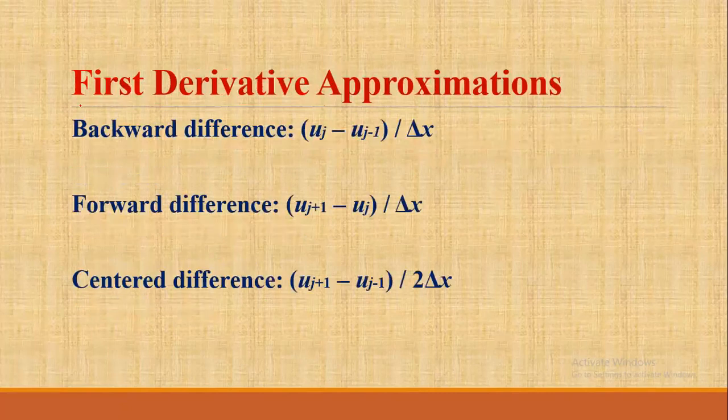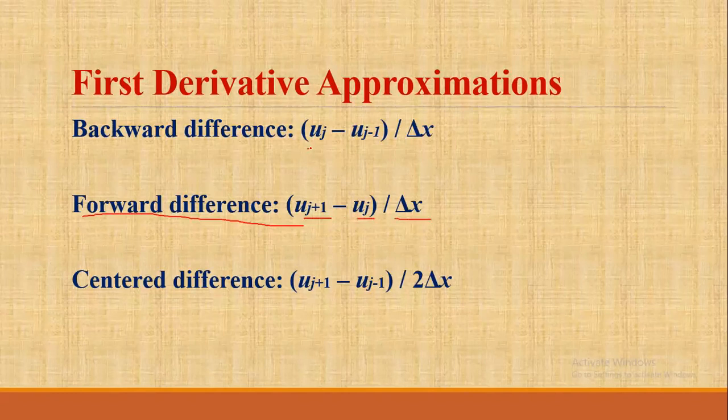Now, for the approximation, we define the forward difference, backward difference, and central difference. Forward difference is (uj+1 minus uj) upon delta x.